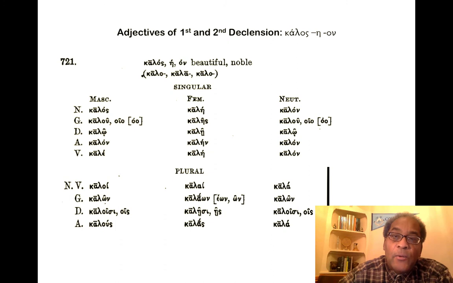But as I said earlier, once you memorize the endings of the nouns, and have your example noun, boule, for instance, you can recite them going nominative, genitive, dative, accusative, vocative of the singular, and then doing the same with the plurals.